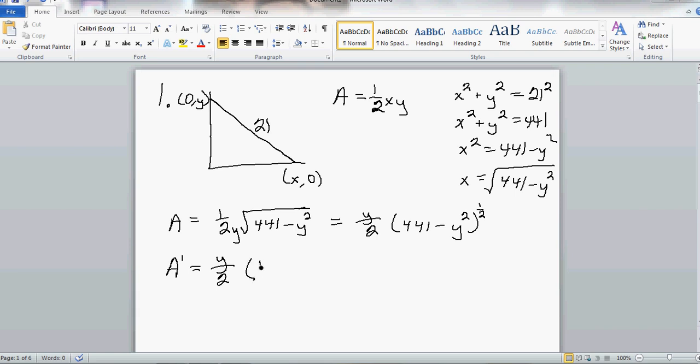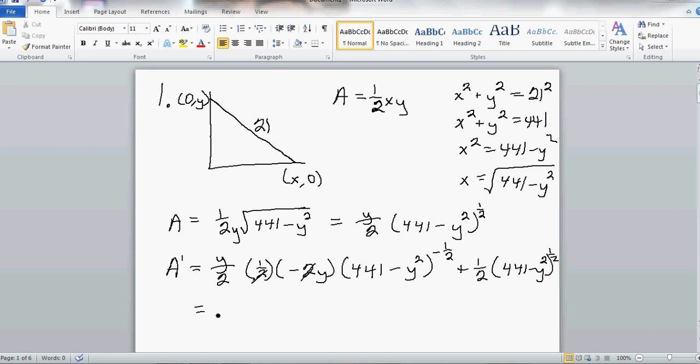The derivative would mean the exponent, times the derivative of the inside, which is negative 2y, and then the whole expression with the exponent changed as necessary, plus, take the derivative of y over 2, that's 1/2, and then leave the second one alone. And so, cleaning this up, this 2 will cancel with one of those 2's.